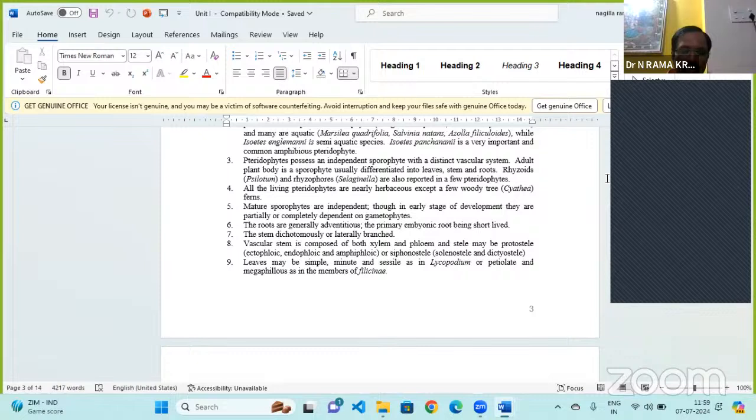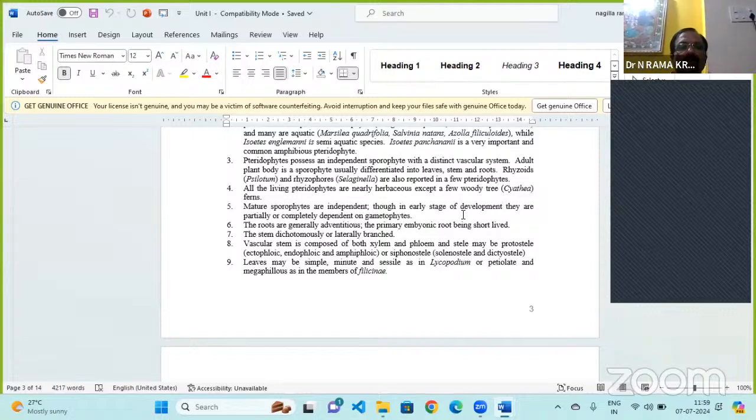The development, that is the branching, may be dichotomous. In the vascular system, the stem varies in different species, ranging from protostele to polycyclic.